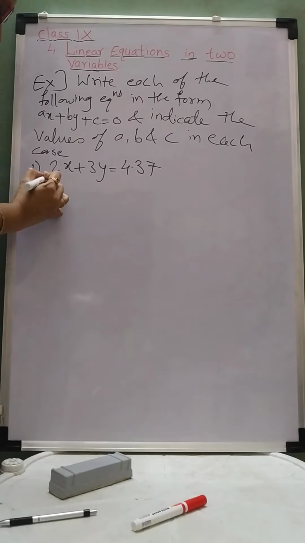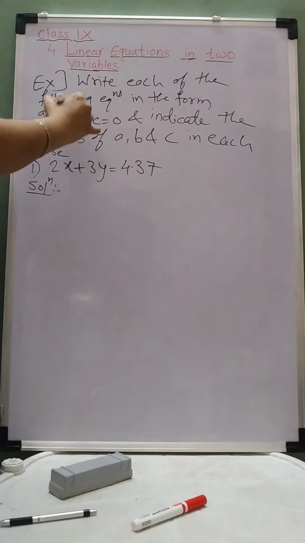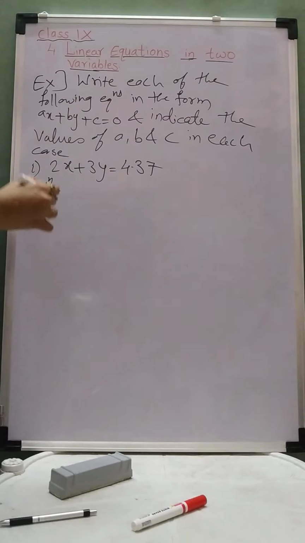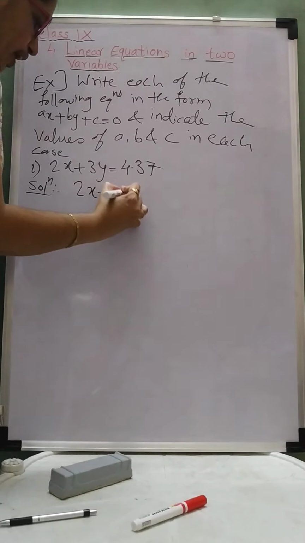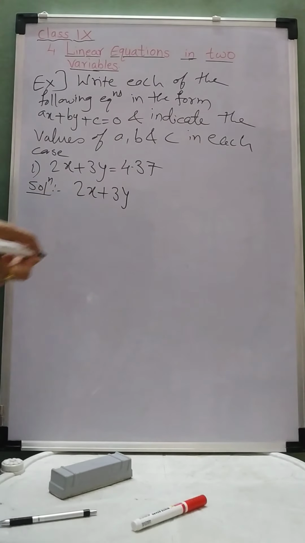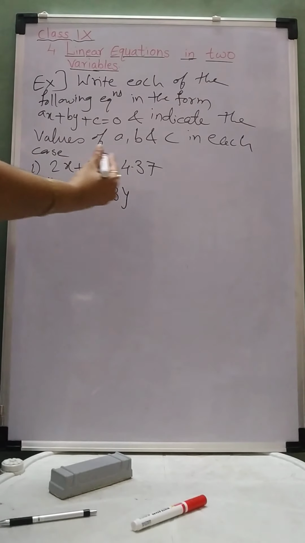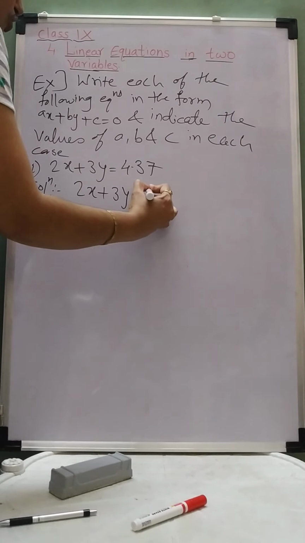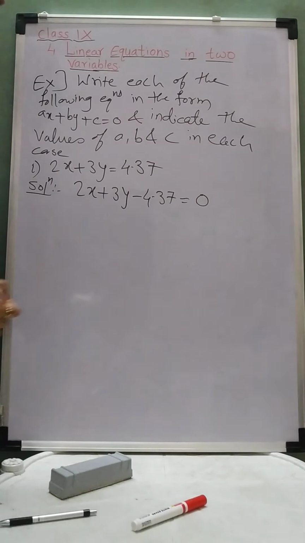So what we ask is write the given equation in the form ax plus by plus c is equal to 0. So we will write 2x plus 3y. Now here in the RHS the sign of 4.37 is positive. When you bring it to the left it will become negative.